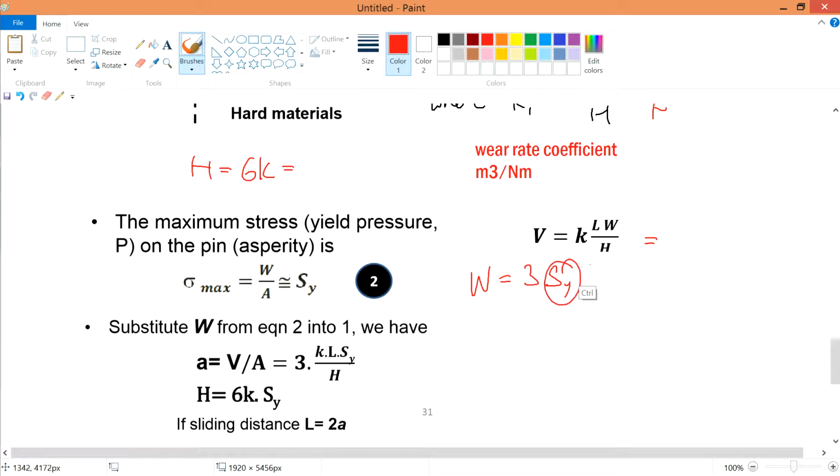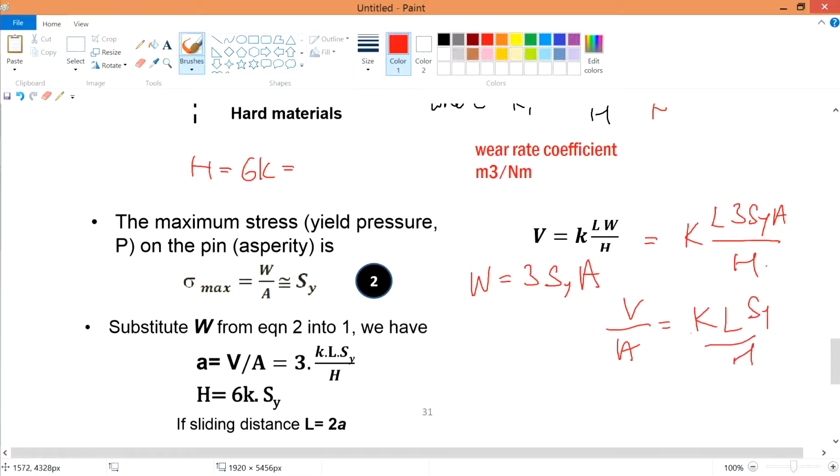They call it the U pressure, U stress, in any case, times the area. So I will have KL times 3 U stress times area over H. If I rearrange and bring the A down, I'll have V over A equals KLSY over H times 3. Hopefully what I mean is clear.